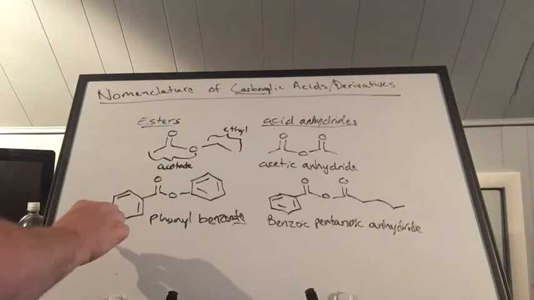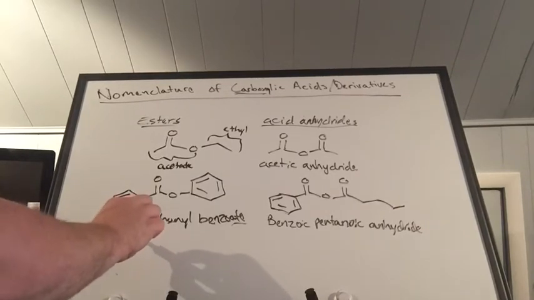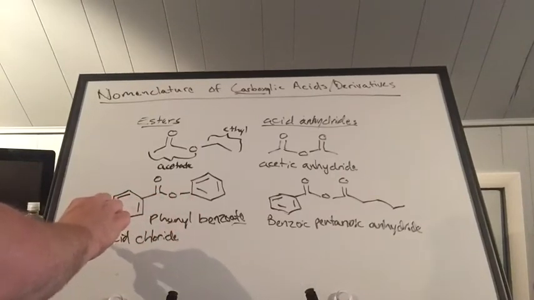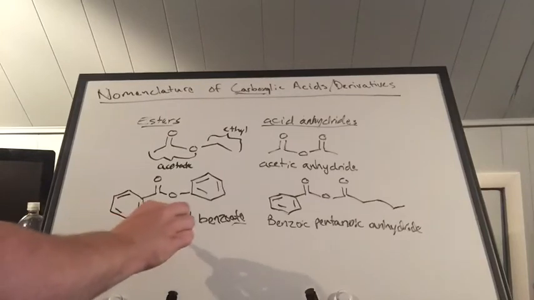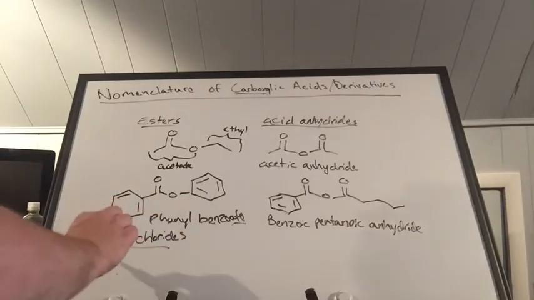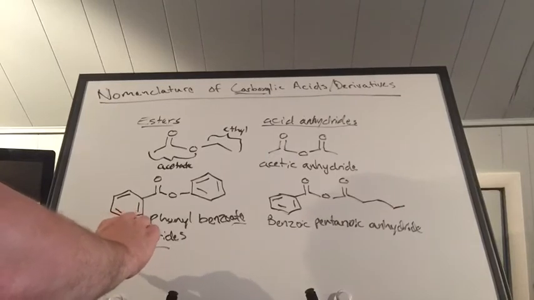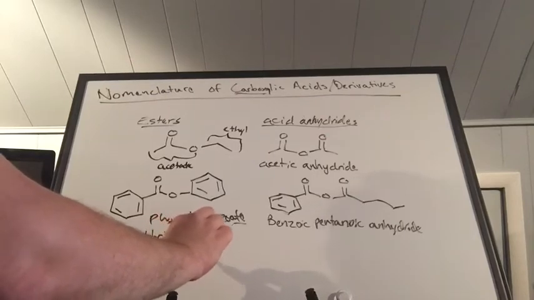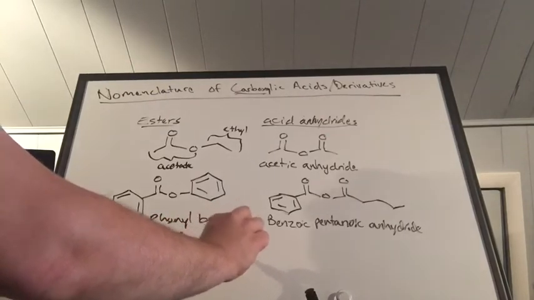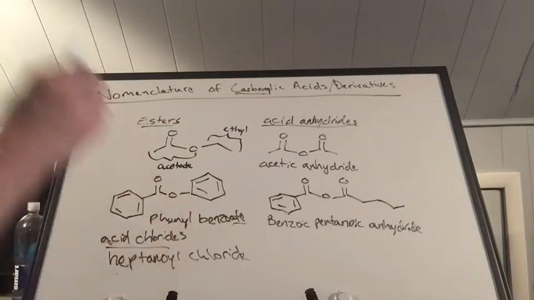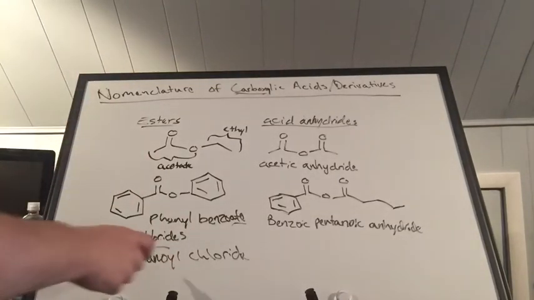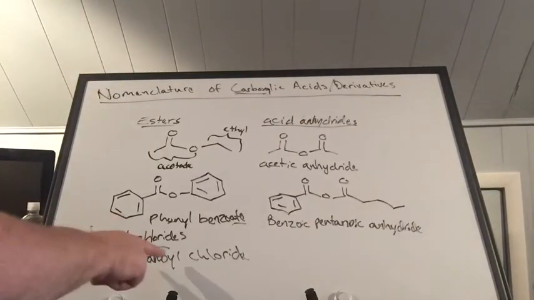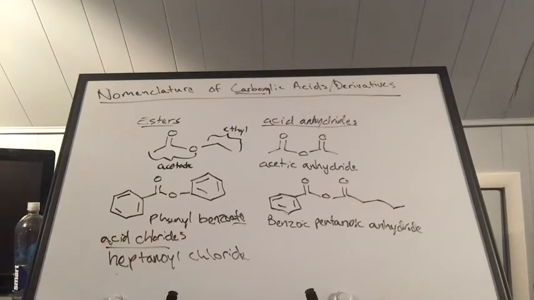You could also think of, let's say, acid chloride. I use this a lot in graduate school. Heptanoyl chloride. Okay, so that OYL. So you scratch off the E off of whatever alkyl chain that you have and replace it with that OYL and then chloride.